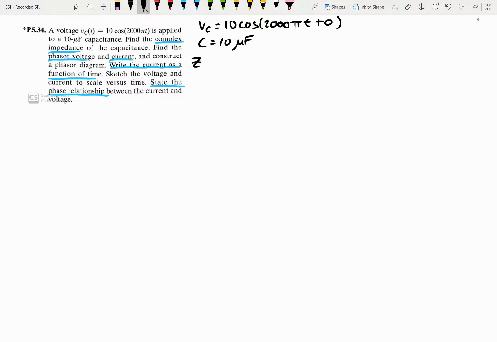Let's find the complex impedance first. So that'll be negative j over omega C, or 1 over j omega C. That will be negative j, omega is 2000 pi radians a second, C will be 10 microfarads.